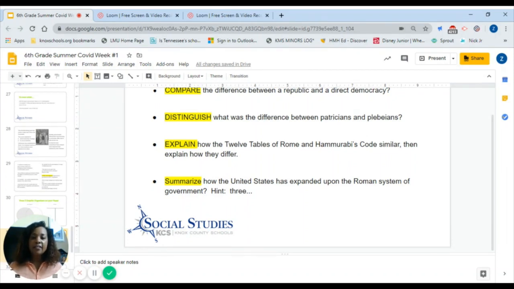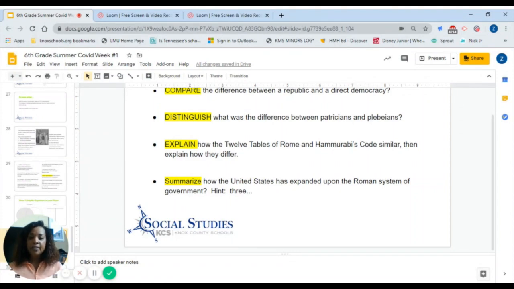So state facts that you've learned from the lecture about those particular citizens in ancient Rome. Again, you may rewind, go back to a particular slide to get textual evidence to prove your point. You may use your T-chart on this particular question.